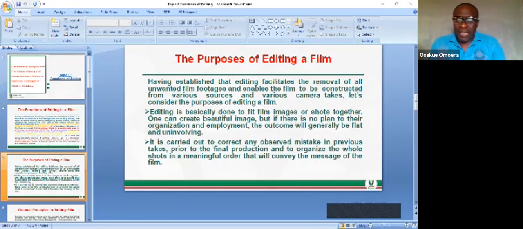And in cutting the unnecessary parts, they are able to cohesively present the message of a film. So basically, we've identified the purposes of editing a film.